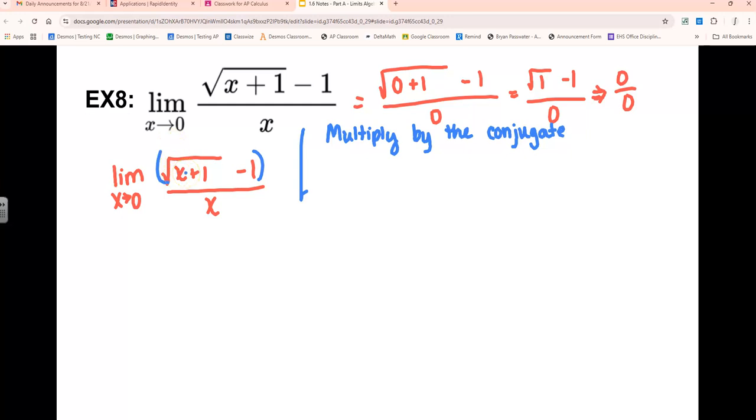For the conjugate, the only thing that you change right here is this middle sign. Don't change what's under the square root. Don't change the last number, just that middle sign. So it will look like this. Looks a little complicated, but it looks like this. You're going to have square root of x plus 1.